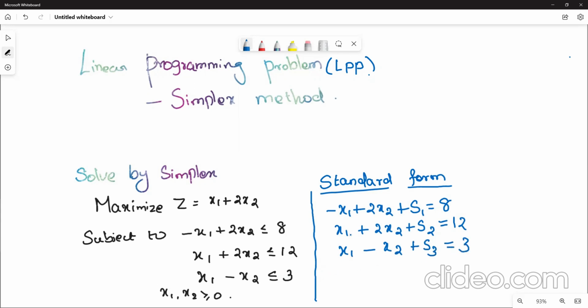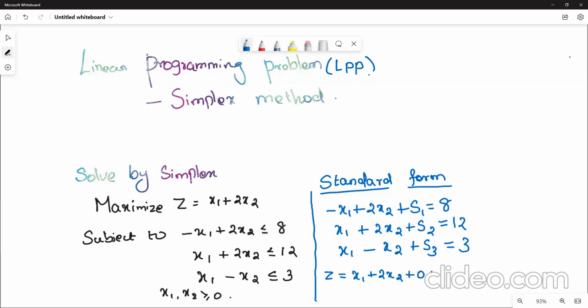So standard form means first making all the inequalities present in the subject to constraints into equalities, and then writing the objective function, maximize Z = x1 + 2x2, with the given decision variables along with the slack variables we have introduced. Here we have introduced S1, S2, S3. For all three introduced slack variables, the cost associated is 0.